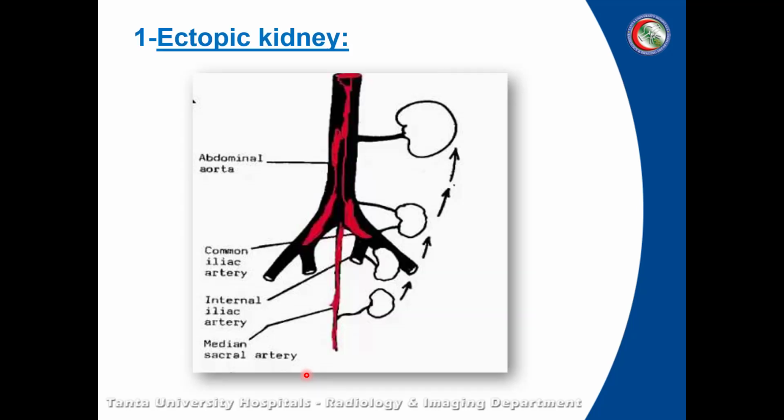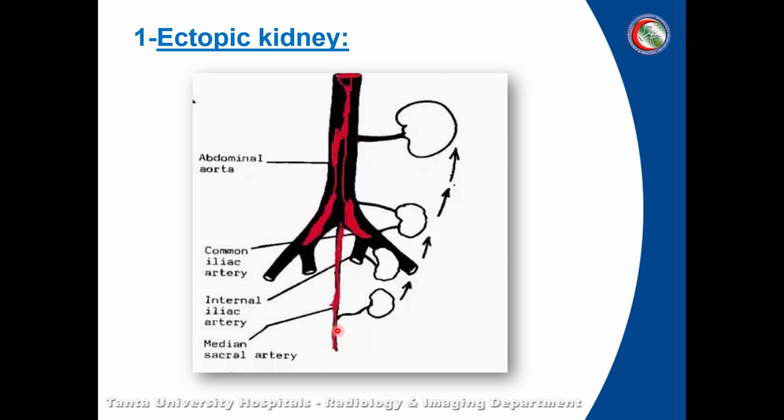The first congenital anomaly is anomalies of the position or site, which is ectopic kidney. This is the normal embryology of the renal tissue in the fetal life. The kidney is formed in the pelvis and then undergoes ascent upwards to reach its final destination in the lumbar region, and gets its blood supply from the abdominal aorta through renal arteries on both sides.